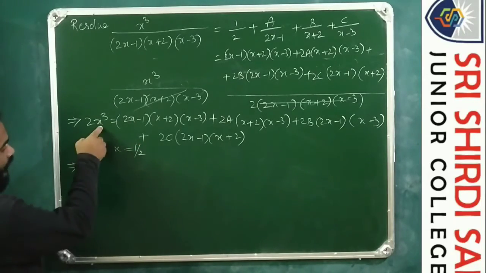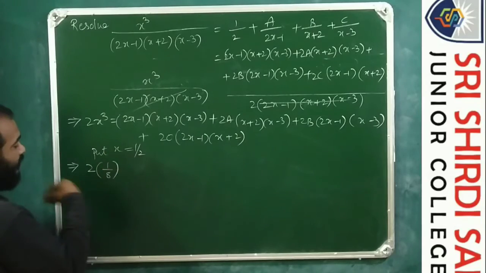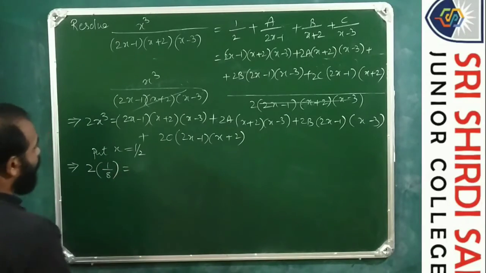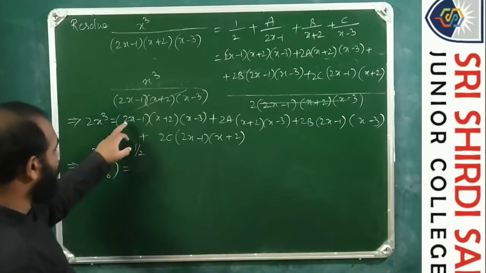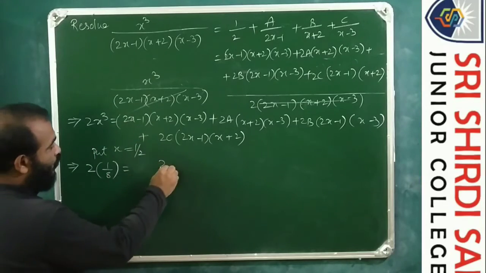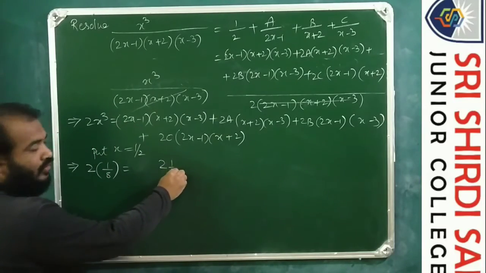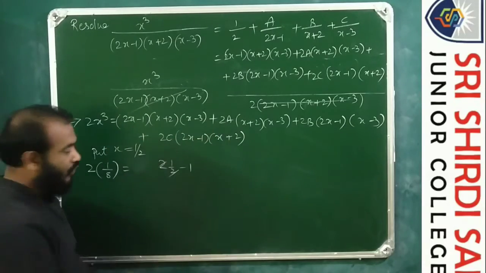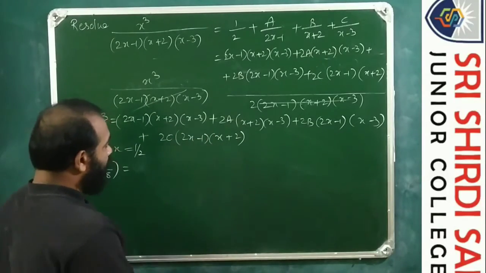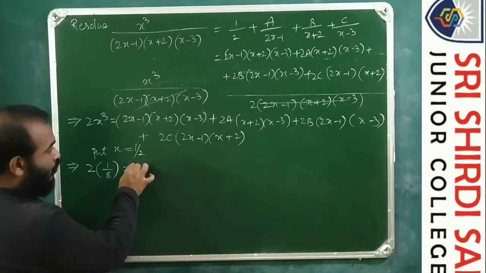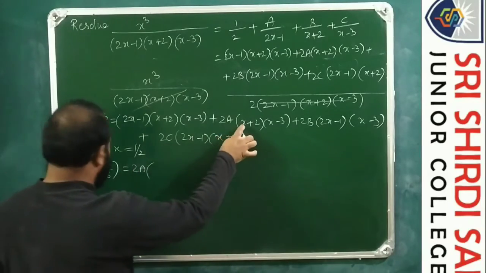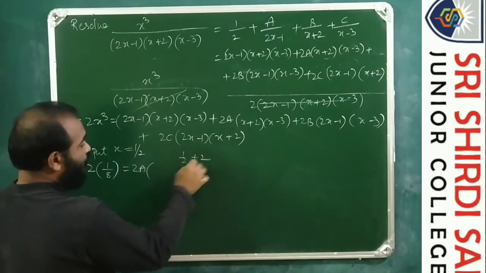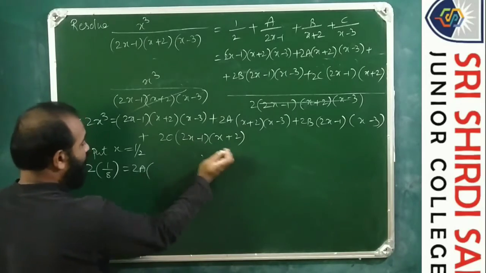So 2 into (1 by 2) whole cubed is 1 by 8, is equal to, the first term will be cancelled because it is 2 into x value 1 by 2 minus 1, 1 minus 1, 0 into something, this is 0. Plus 2A into x plus 2: 1 by 2 plus 2, 2 twos are 4, 4 plus 1, 5 by 2.